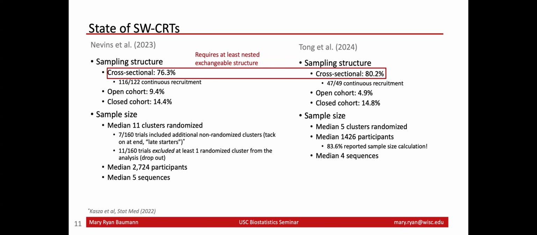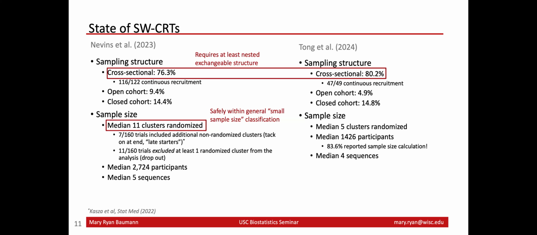When it comes to sample size, within the regular size stepped-wedge setting, we had a median of 11 clusters randomized per trial, which I want to point out is very much safely within what we consider the small sample size classification in the clustered data setting, where usually you would need around 30 or 40 clusters for asymptotics to really be working well. So with 11 clusters, you should definitely be thinking about small sample adjustments.